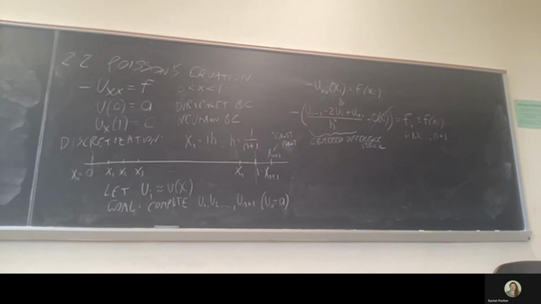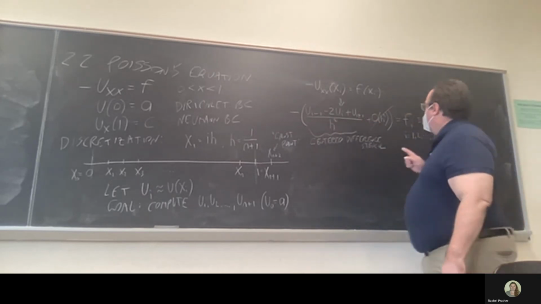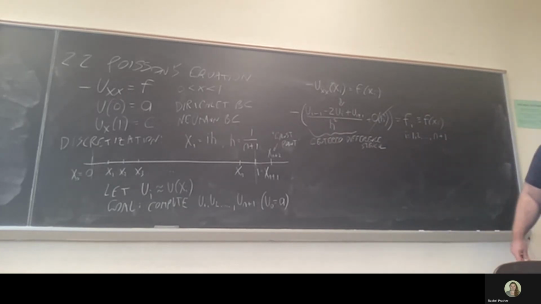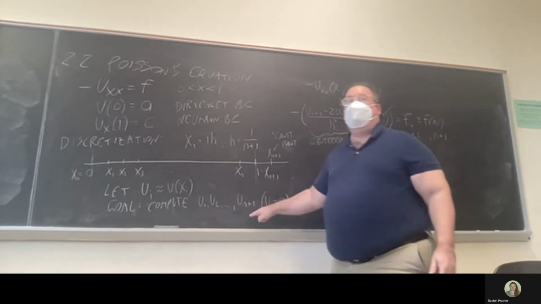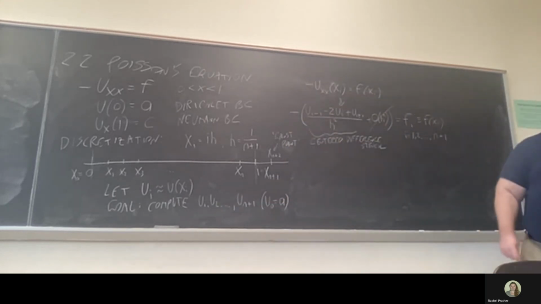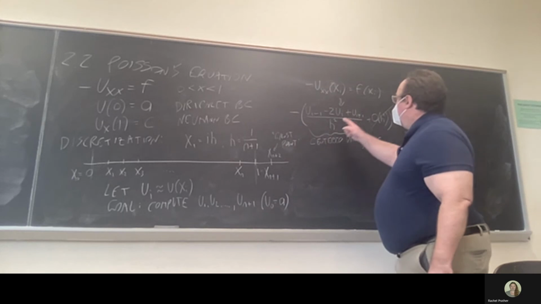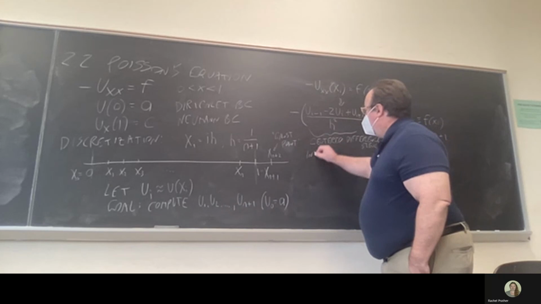But we have one complication to overcome first. And that is, if I were to write this out for i equals 1, 2, up to n plus 1, yes, we're going to have our unknowns that we're trying to get, but we're going to have other things too, and we have to deal with them. So there are three cases to consider.